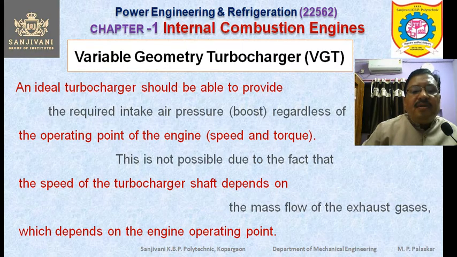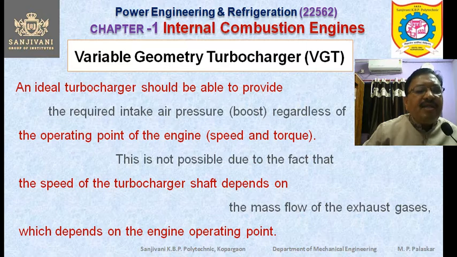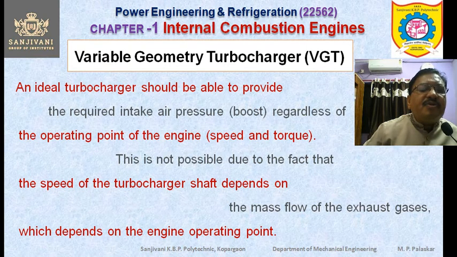So the engine speed will decide the speed of the turbocharger, and this may not be what is required at the inlet of the engine. The pressure required at the inlet of the engine may be different.